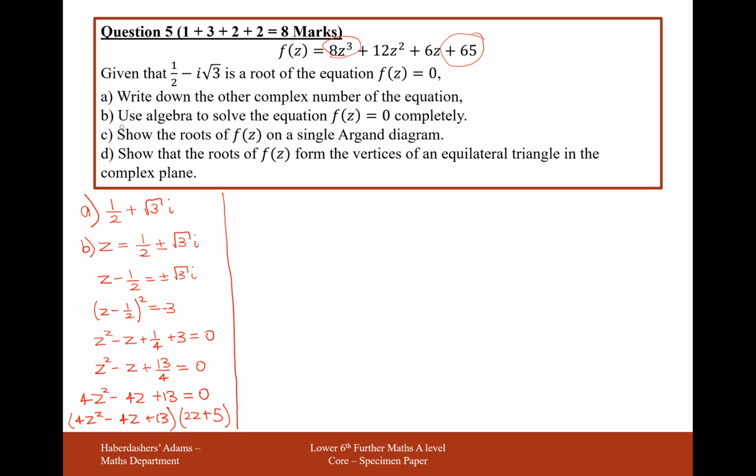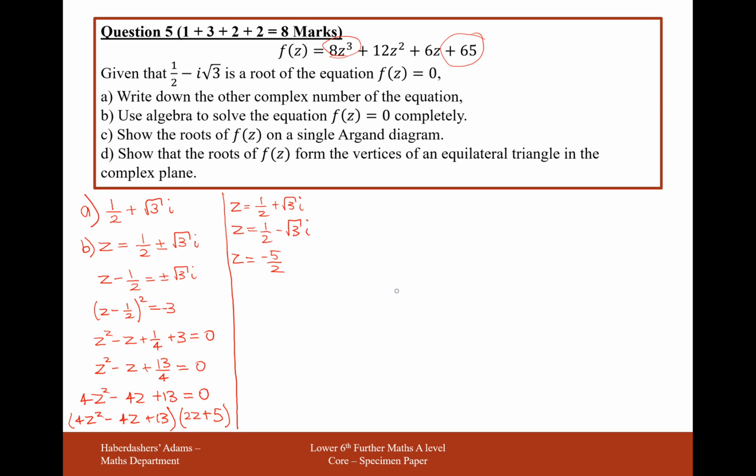Alright, so use algebra to solve f of z completely. So z is either equal to half plus root 3i. z is also equal to a half minus root 3i. Or z is equal to minus 5 over 2. So those are the three roots.